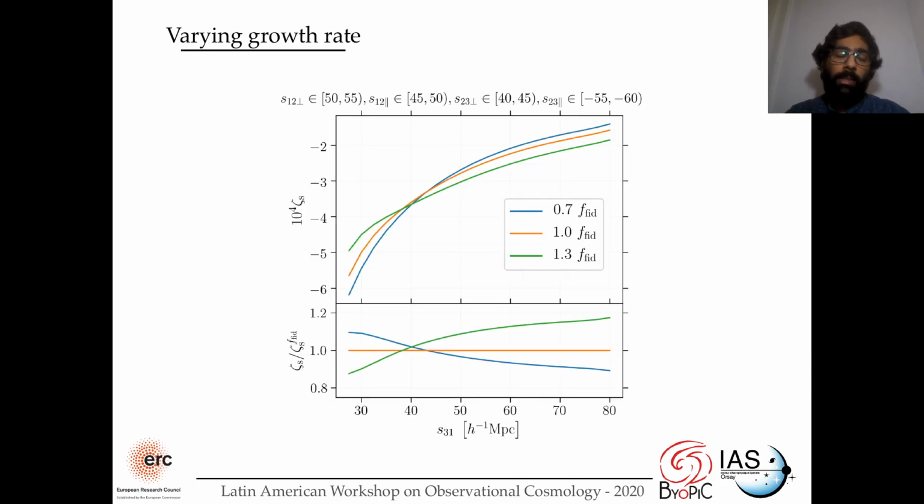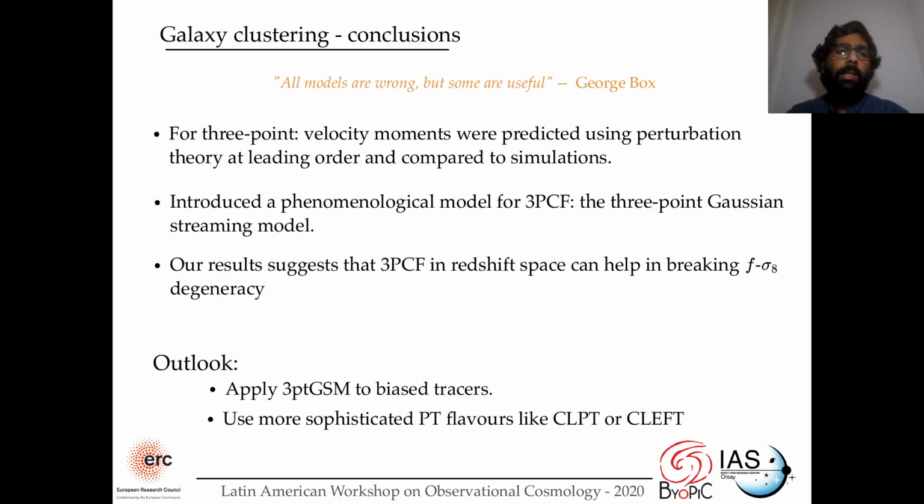Now, by just varying the growth rate, we show how it is for the 3-point correlation function, varying the fiducial value, 0.7 for the blue and 1.3 times the fiducial growth rate. And here also we see that there is a variation, and this can help us to constrain the growth rate.